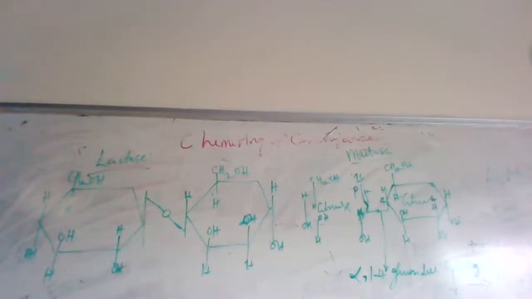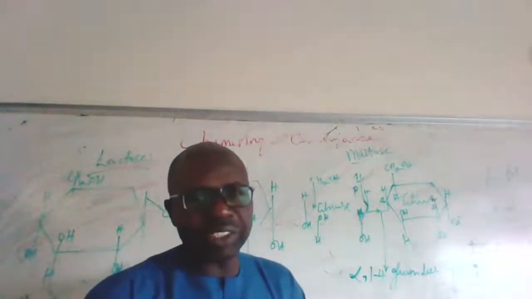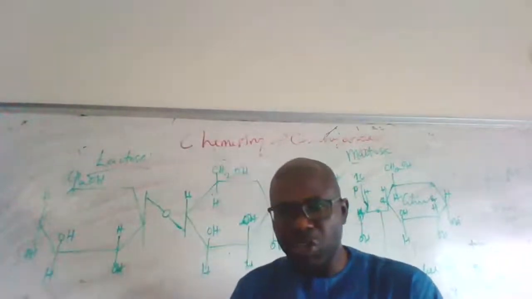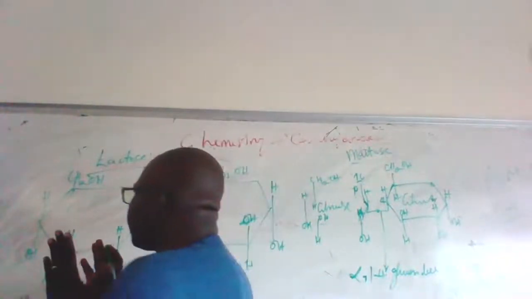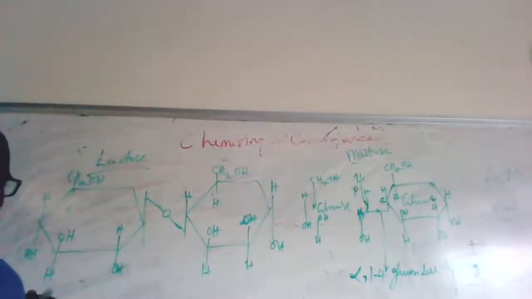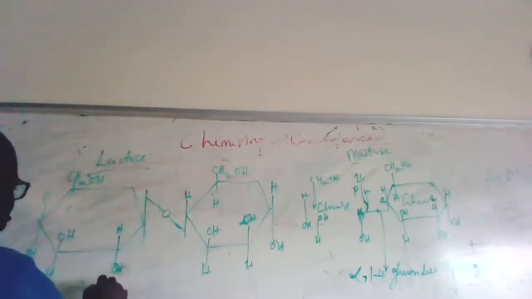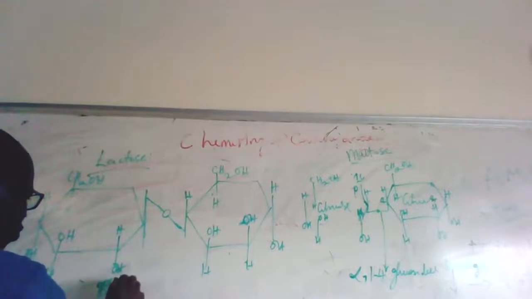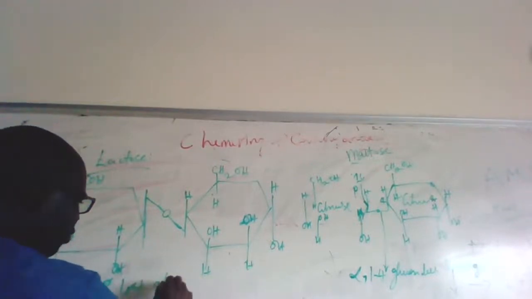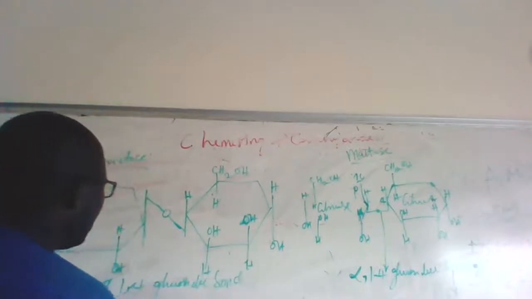This is lactose, another disaccharide, which is also a reducing sugar. This linkage is a beta 1,4 glycosidic bond.